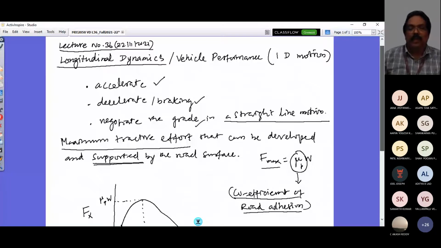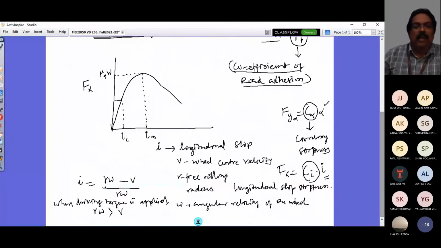So let's continue from the point of defining longitudinal slip. That is defined as this relative speed. That is, when the tire is rolling freely, the equivalent translation of my wheel center velocity is r omega, minus V when driving torque is applied. Why is it so?